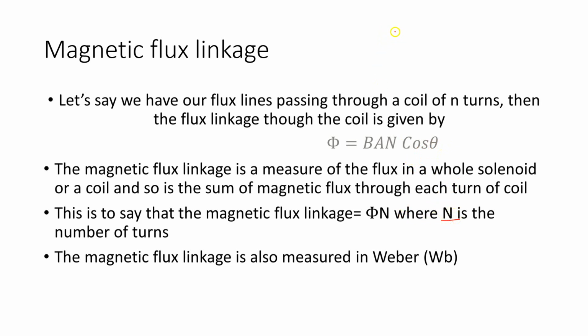So if we have a coil that has several wires wrapped around it, and we want to find the magnetic flux, in a sense we have to find the magnetic flux linkage, which is basically the same thing, but we are taking into account all of the coils that essentially are within that magnetic field, so to speak.